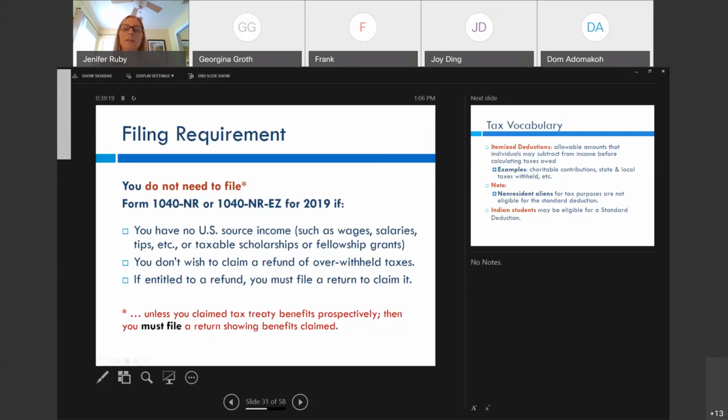So sometimes our students do the calculation, or they get a W-2 or a 1042S, and their calculation was that they had $10 withheld that they really shouldn't have had to pay, but they just don't feel like doing the form, they don't want to file for the refund. But if you want that $10 back, you do have to go through this process.